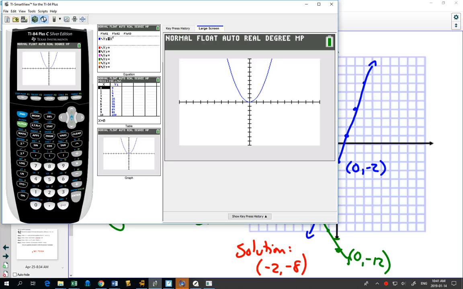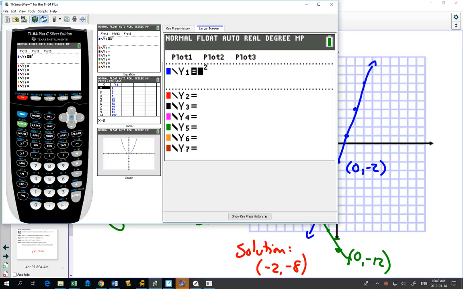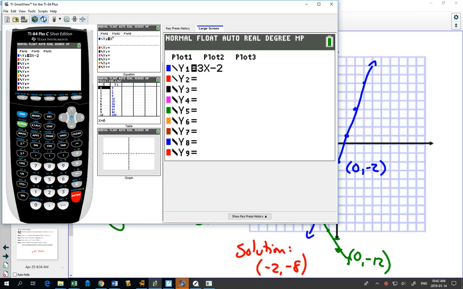The first thing on your calculator is you're going to push Y equals in the top left-hand corner. If you have any other equations in there, you can clear them by hitting the clear button. Our first equation was 3x minus 2. So you type 3, the x button is right beside the alpha button, so 3x minus 2. That's your first equation.